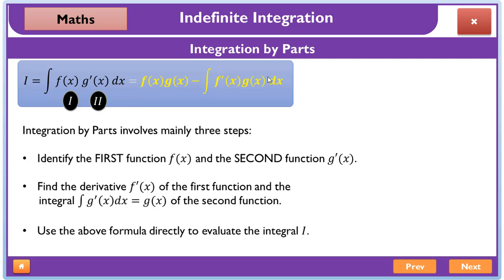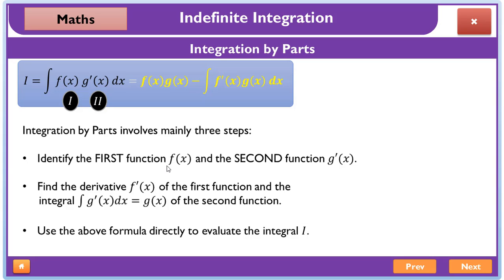When using integration by parts, we have to follow certain steps. The most important step is to identify or choose which of these two functions will be the first function f of x and which will be the second function, that is g dash of x. Once we choose these two functions correctly, then we proceed to the next steps.